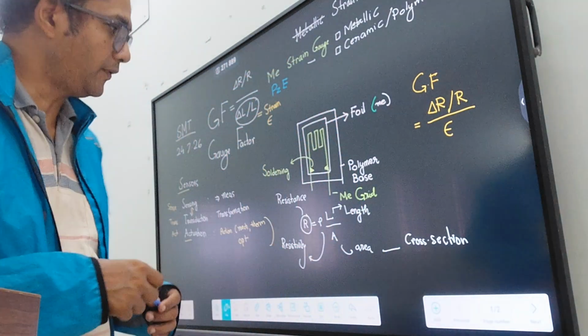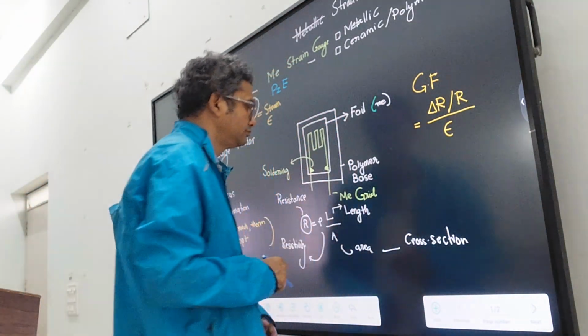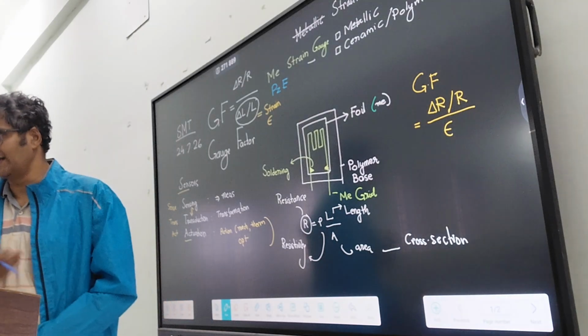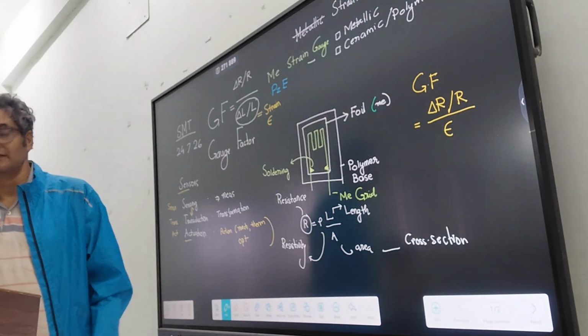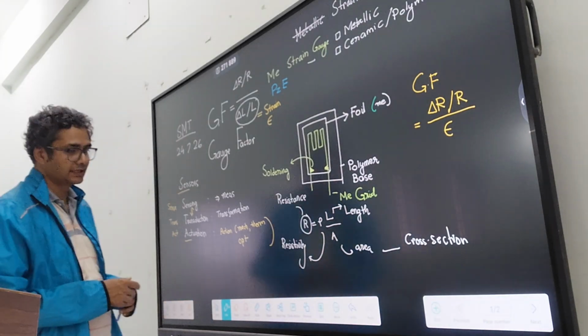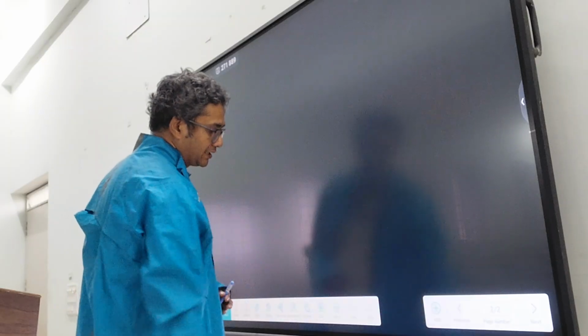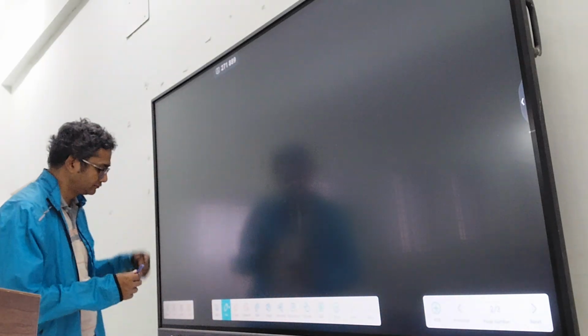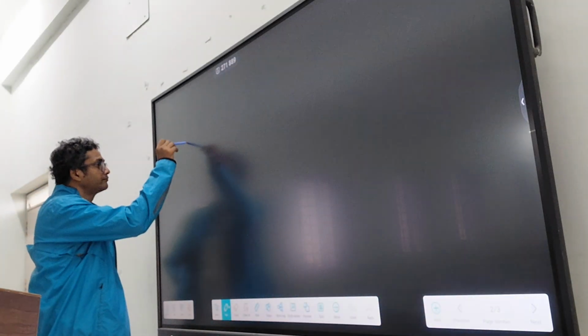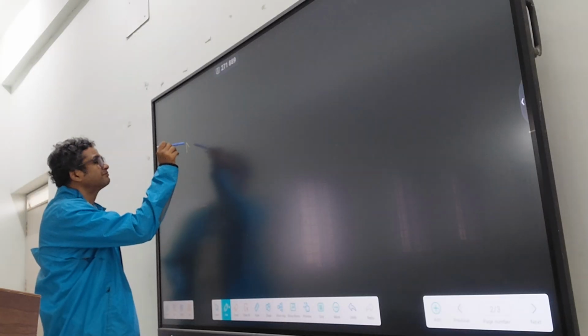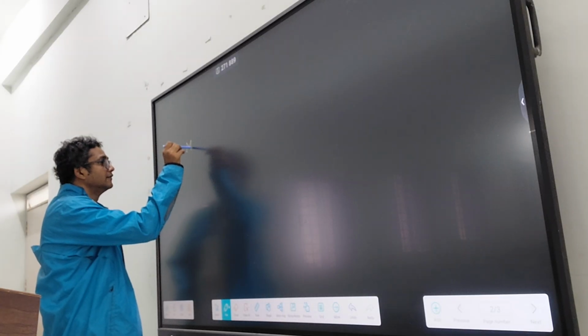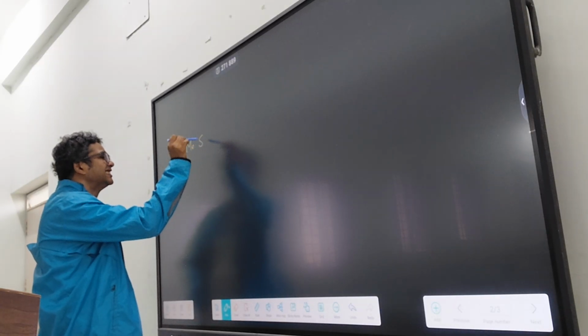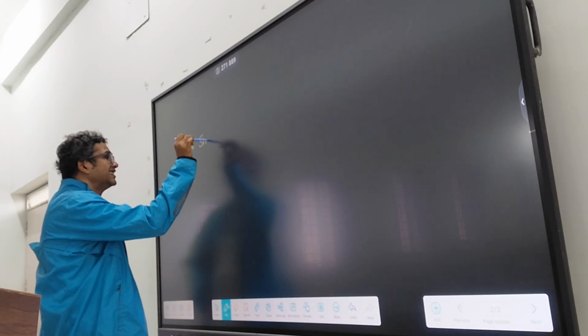Now, what type of metals are used? You cannot use any metal. There has to be a certain set of metals which are used for a metallic strain sensor, in a strain gauge.